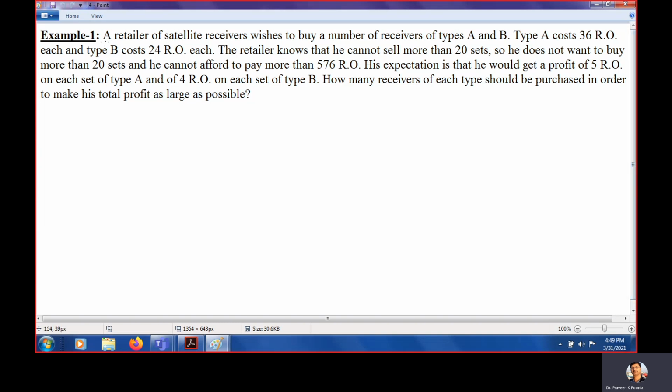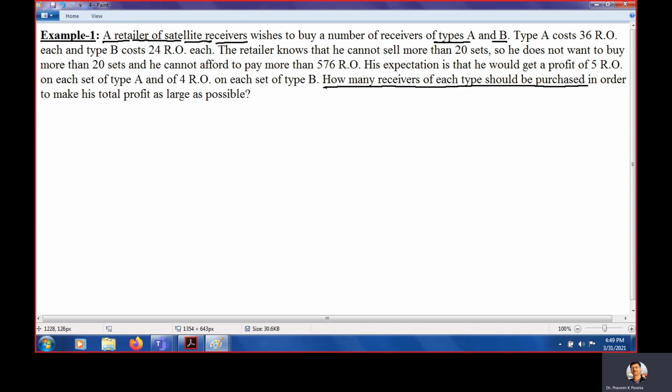If you read the line 1, a retailer of satellite receivers means there is a shopkeeper. Retailer means shopkeeper. He is buying 2 types of satellite receivers. What are the types? Type A and type B. Clear? If you read the last line, how many receivers of each type should be purchased?